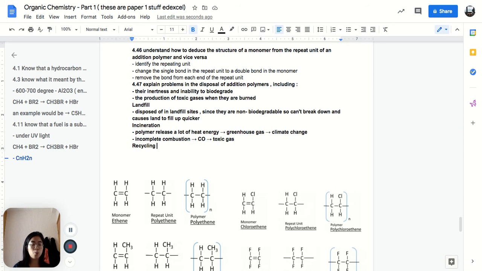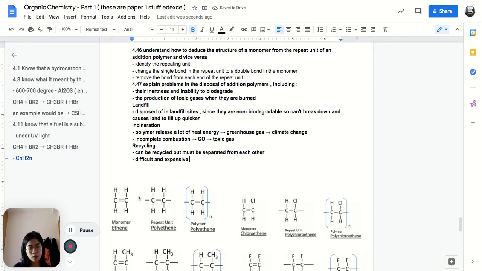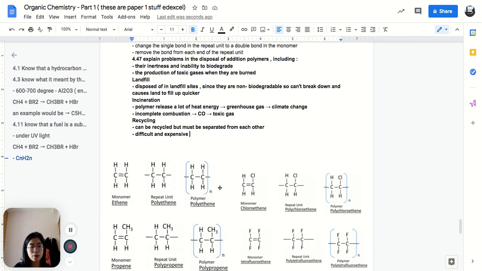And also when burning polymer, it can lead to incomplete combustion. As I mentioned before, incomplete combustion releases carbon monoxide, which is CO, and carbon monoxide is toxic and poisonous for humans, and that is why it is really bad. And as I said, it is really difficult and really expensive to separate them from each other.